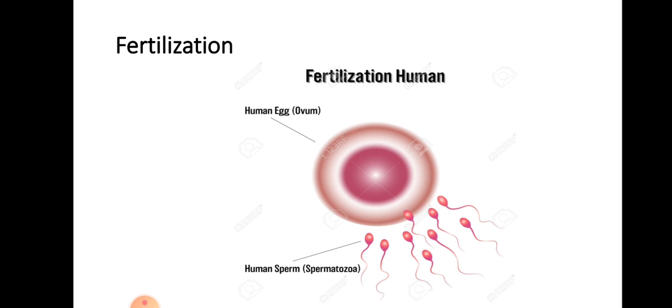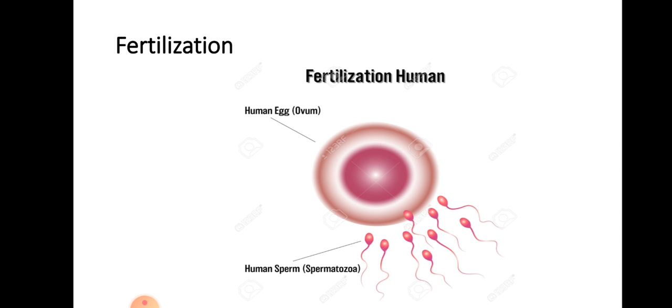That is a human egg, and many of the sperm cells come in contact, but only one sperm cell will go into the egg. This process is called fertilization. The fusion of the egg and the sperm is called fertilization.